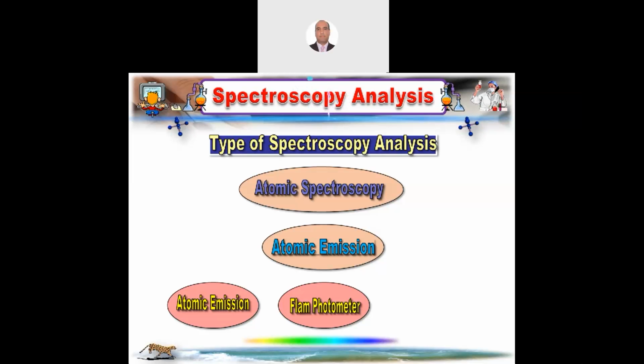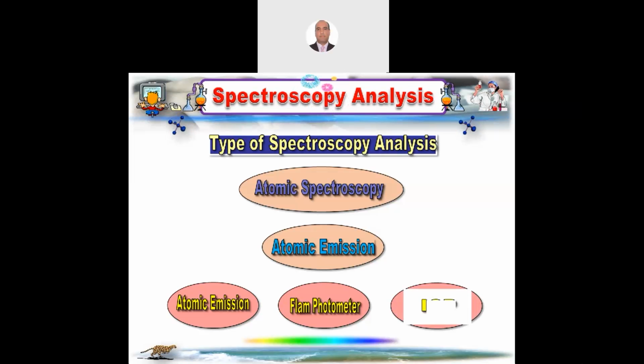Flame photometer measures sodium, potassium, calcium, which have in the outermost shell one electron or more, to make emission with low temperature LPG or natural gas energy to make atomization for sodium and potassium, then measurement by emission spectroscopy. ICP is emission spectroscopy, but with high temperature, which can measure any element with a low detection limit.